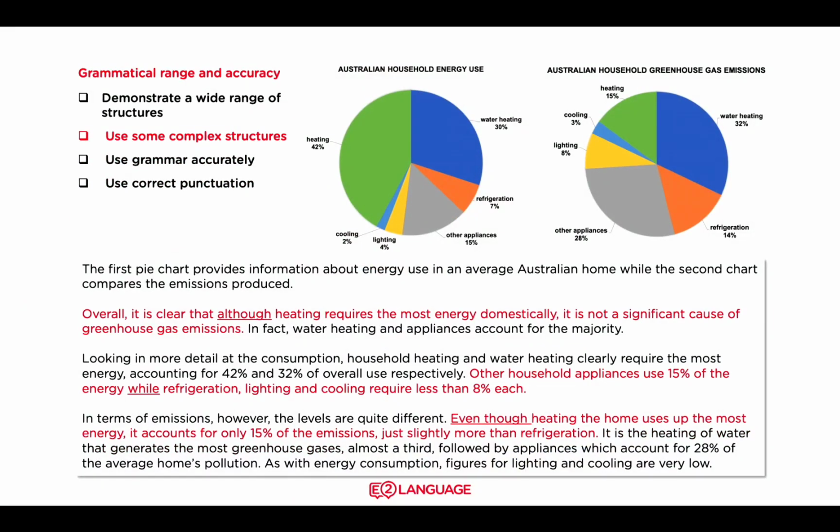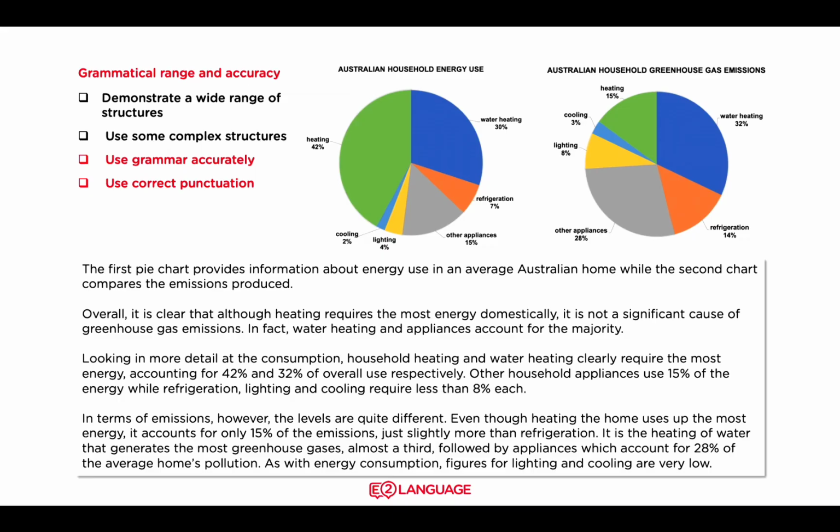Complex sentences, we always write with this in mind. Here are some. It is clear that although heating requires the most energy domestically, it is not a significant cause of greenhouse gas emissions. Another one down here with while, and another one starting with even though. Again, in addition to the range of grammar, we need to demonstrate accuracy, precision.